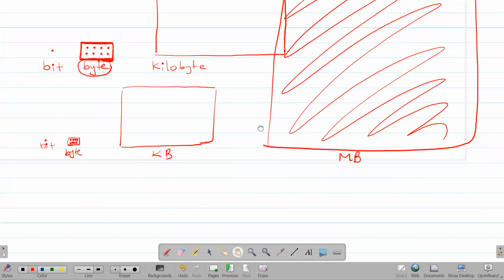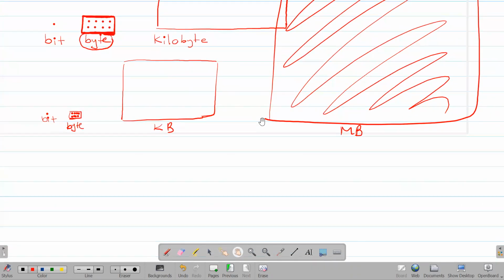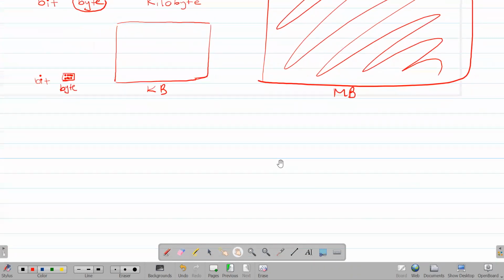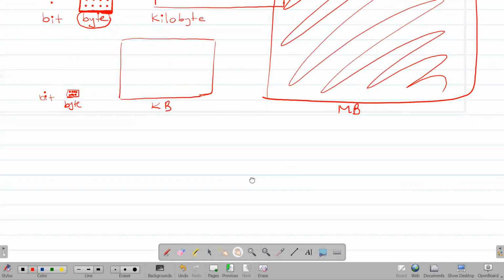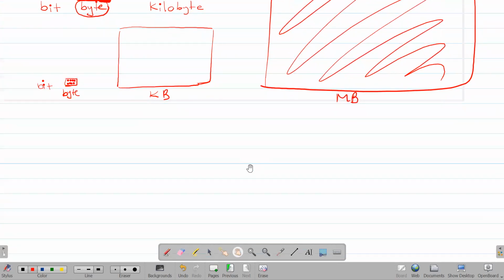So when it comes to unit conversions, we can use this type of chart. This will make things easy for you. How the chart is, it's like this. Bit is the smallest one. After bit, you will find the byte. After byte, the kilobytes.